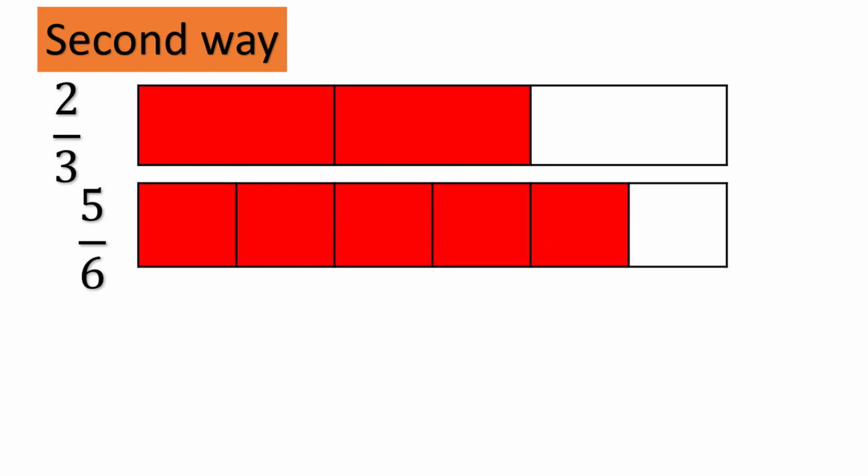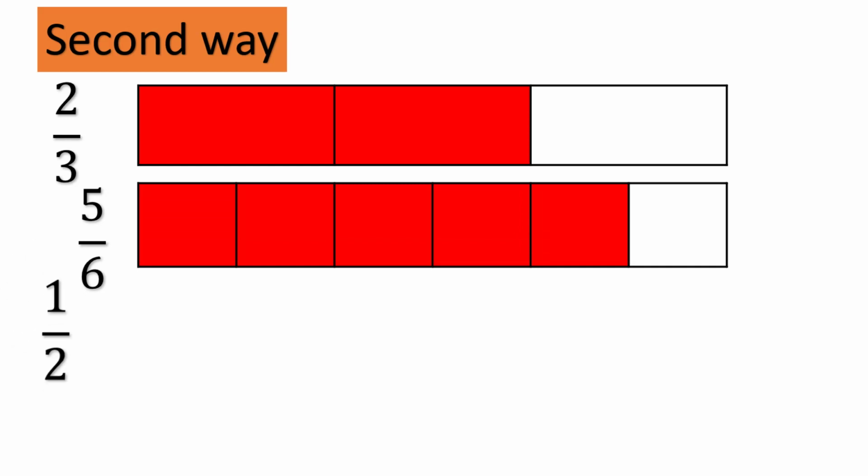So the fraction we can represent as shown. Another one, 5/6. So we will draw the same rectangle and divide it into 6 equal parts. We can shade or color 5 equal parts like this.